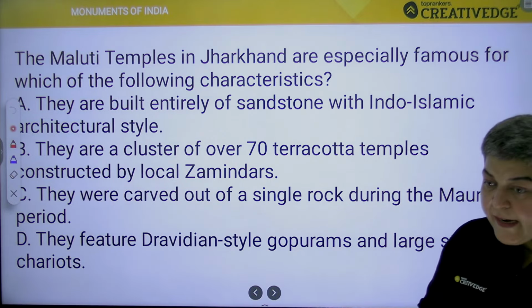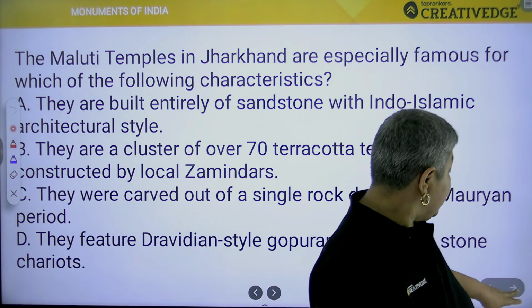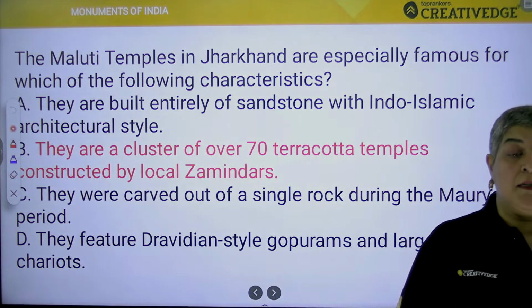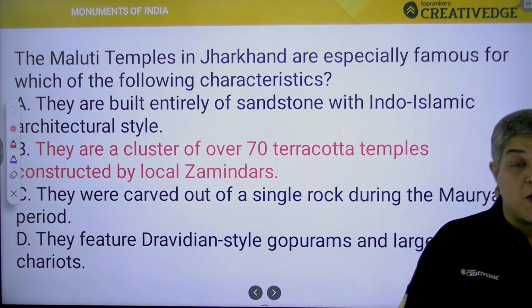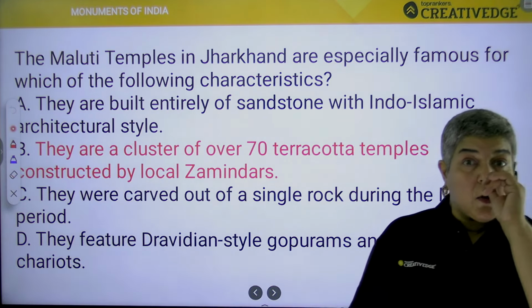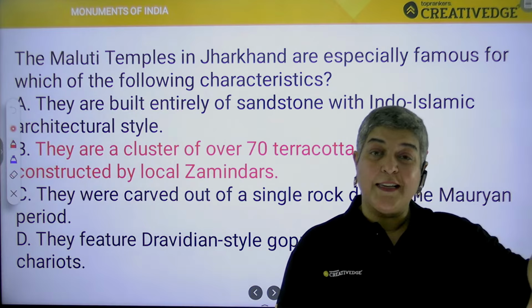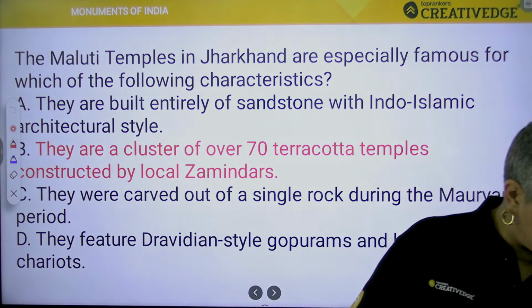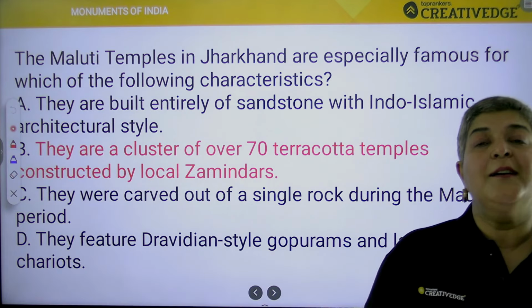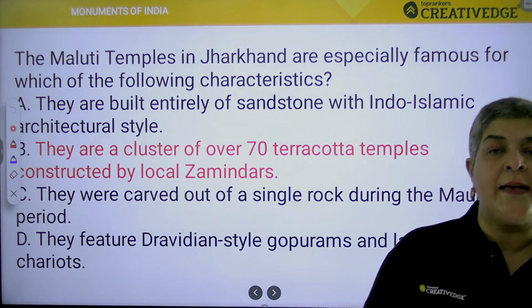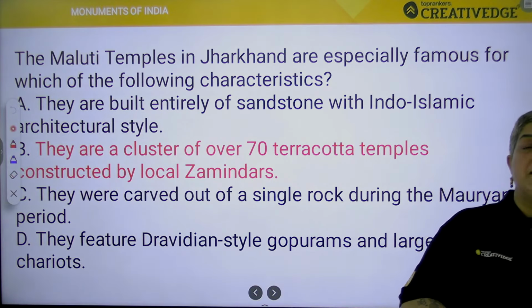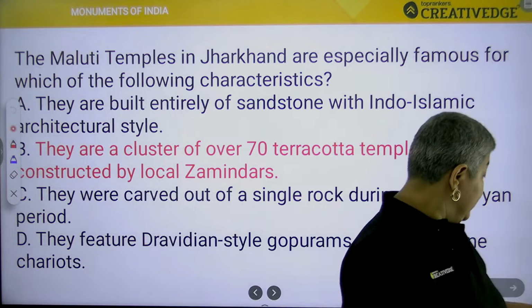So the correct answer is that they are a cluster of over 70 terracotta temples. We have only heard of terracotta for roofs, right? What you know as the tiles, that is known as terracotta. But yes, they were terracotta temples made by the local zamindars.